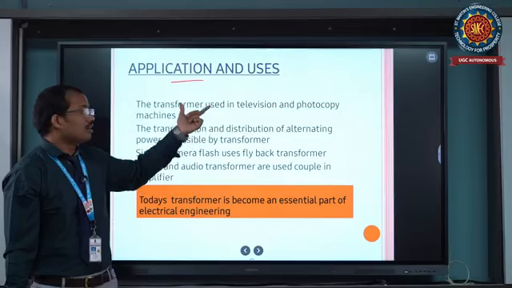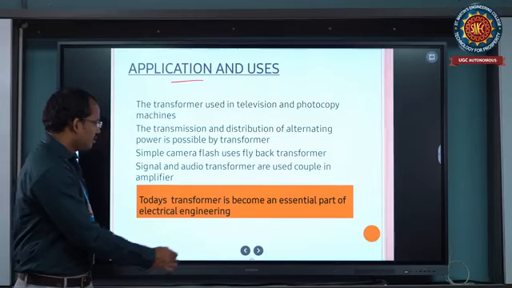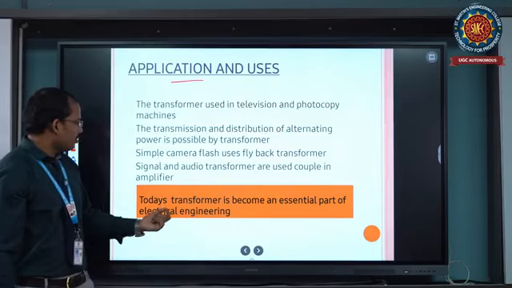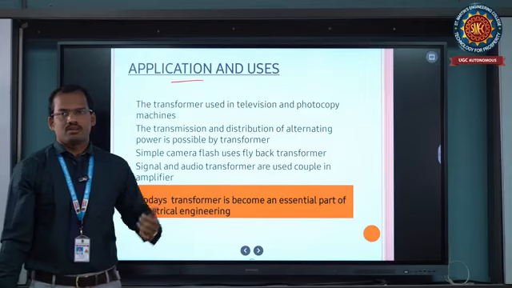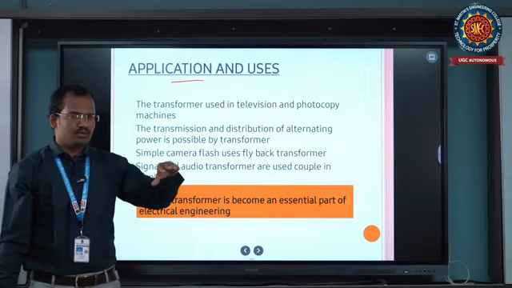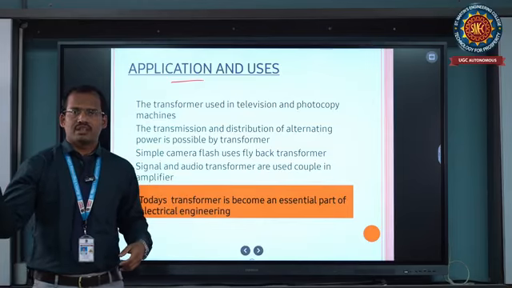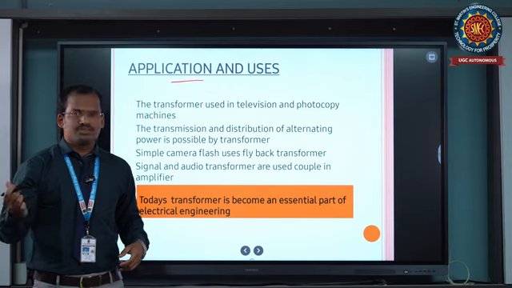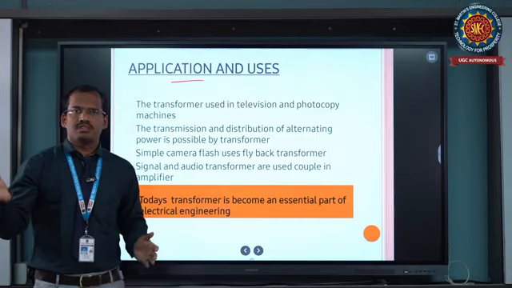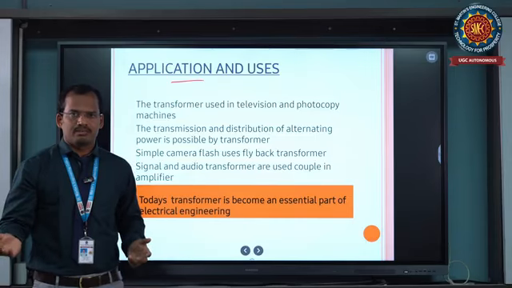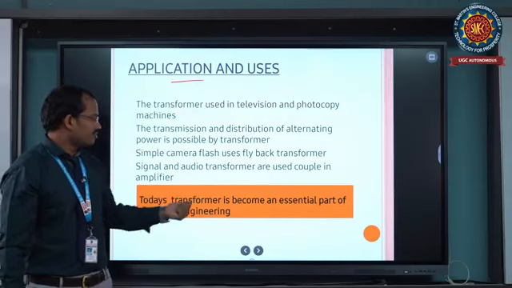So these are the main applications of the transformer, and the transformer is an essential part of today's world, because the transformer is used to reduce the voltage levels. Those voltage levels are used for fans, housing purposes, lights, etc. With the voltage levels stepped down, we can use them for domestic purposes and industrial purposes. So these are the major applications and uses of the transformer.